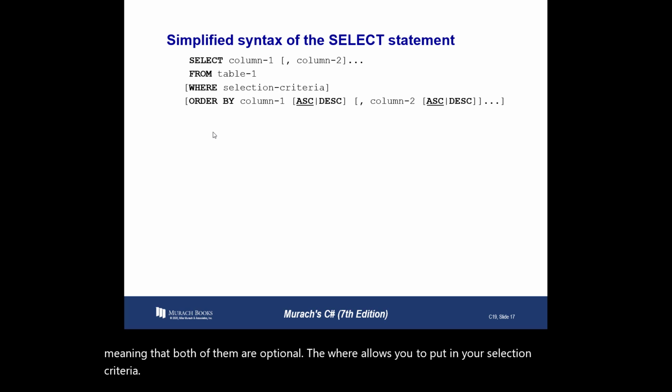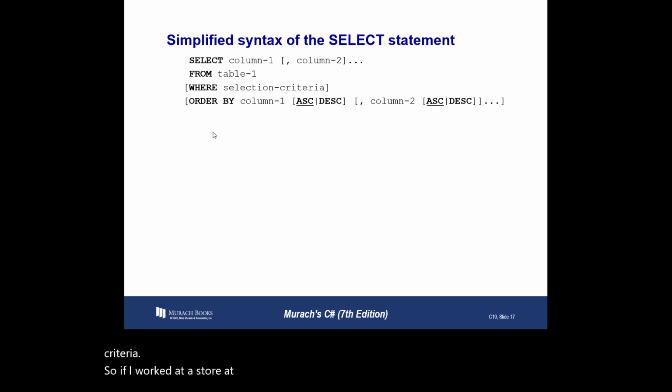So if I worked at a school that, let's just say, had 500 instructors in it. It was a very big school. And I said select first name, last name from instructors. It would give me all 500 instructors' first name and last name.